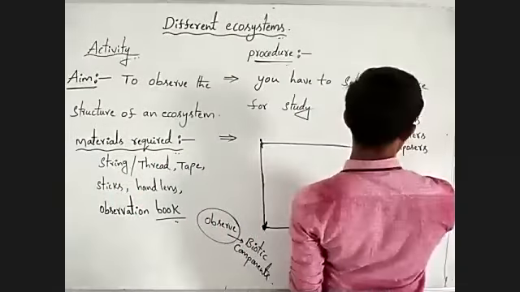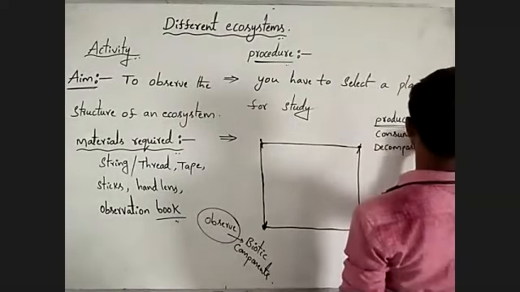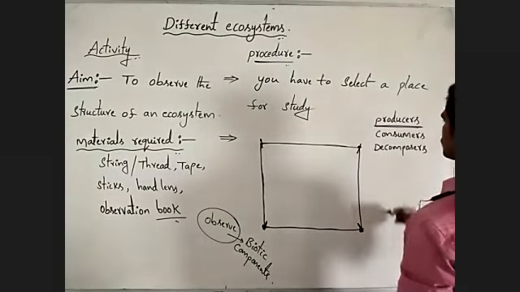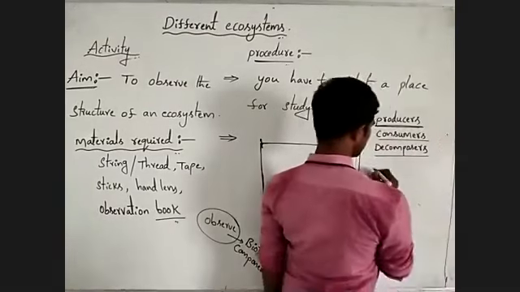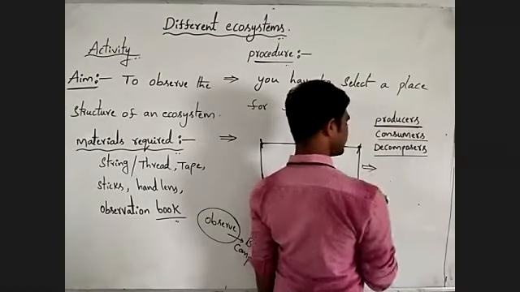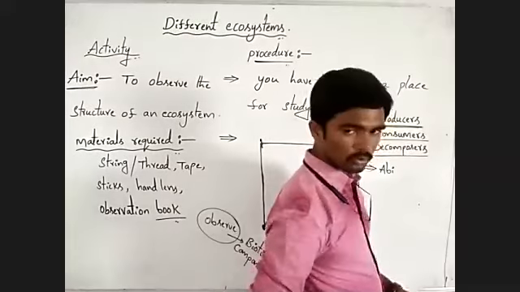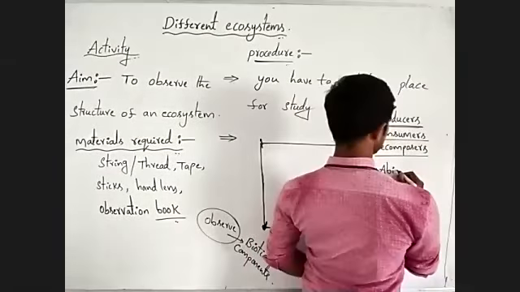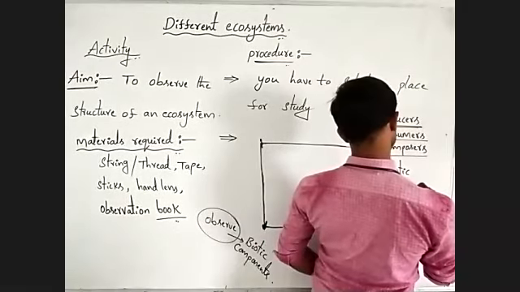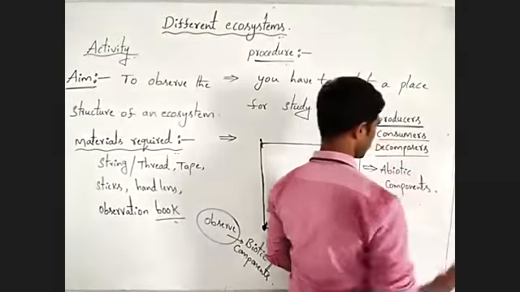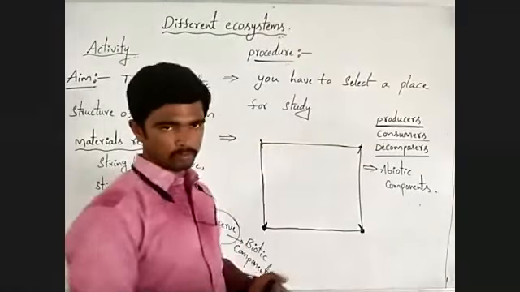First, producers, consumers, decomposers, and you have to identify the abiotic components also.